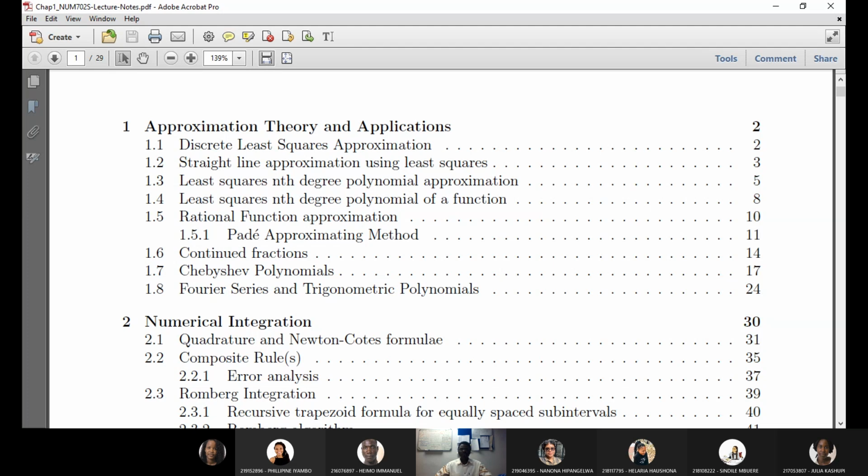Let me share a window to explain what I'm trying to illustrate. Let me open a new window and I will explain.